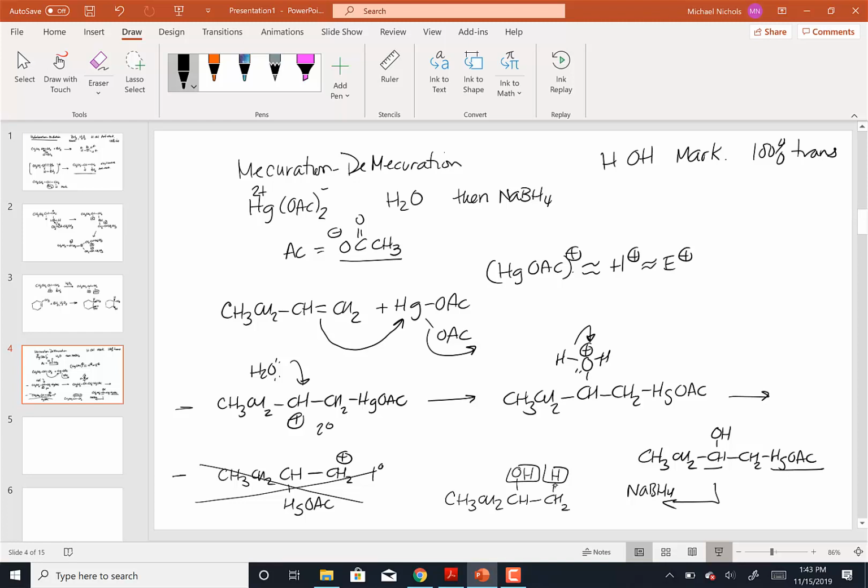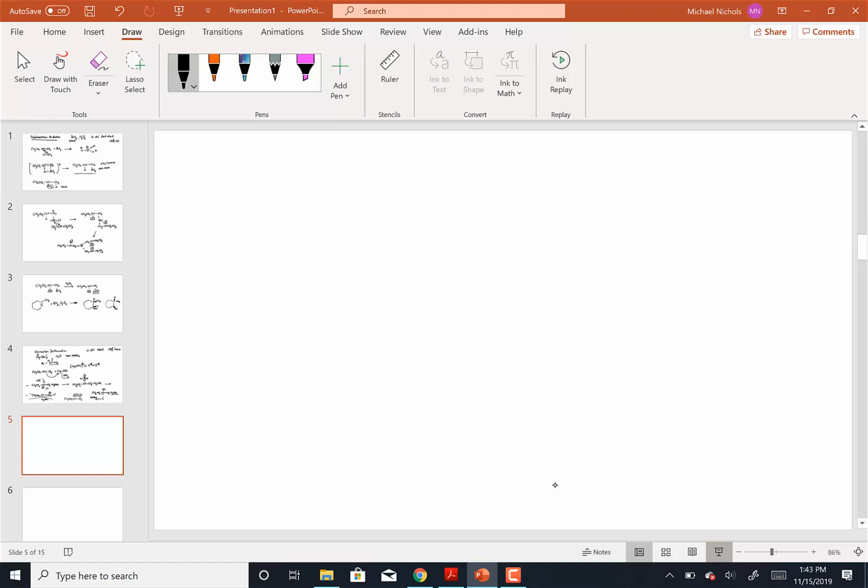So what's the nuance in this reaction that's causing it to be 100% trans? Here's the nuance. The mercury ion is big enough to sit over top of both carbons in the double bond. So actually it's not bonded to just one carbon.